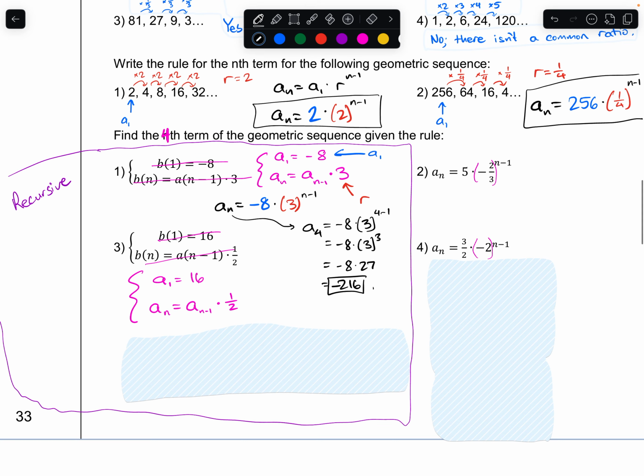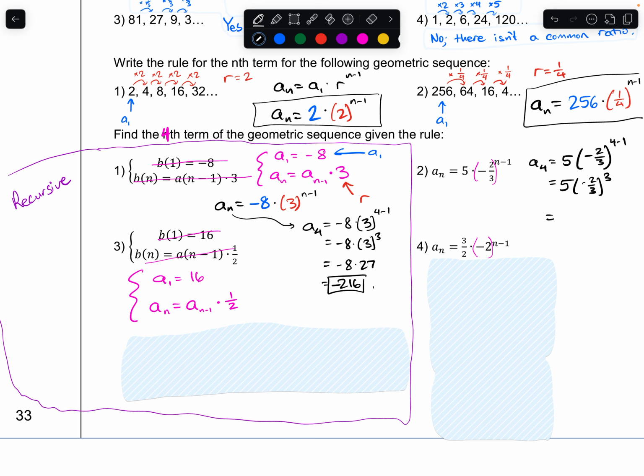Let's try number 2. So again, this time it's explicit already, which means A sub 4 is going to be our first term, 5, times -2/3 to the 4 minus 1 power. That's 5 times -2/3 to the 3rd power, which is 5 times negative 2 times negative 2 times negative 2, which is negative 8.